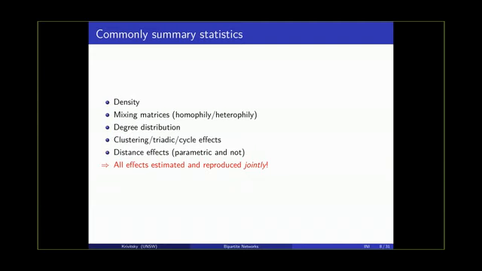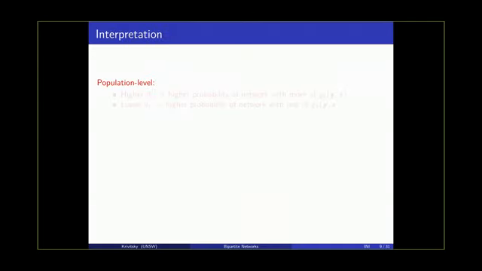And the nice thing about this framework is because we have that one exponential with the dot product, all the effects are estimated and reproduced jointly. So how do we interpret these models? Well, there are two ways of interpreting. One is population level. In general, if you increase a particular element of theta, particular theta k, you will put more probability on networks with more of whatever g k represents.